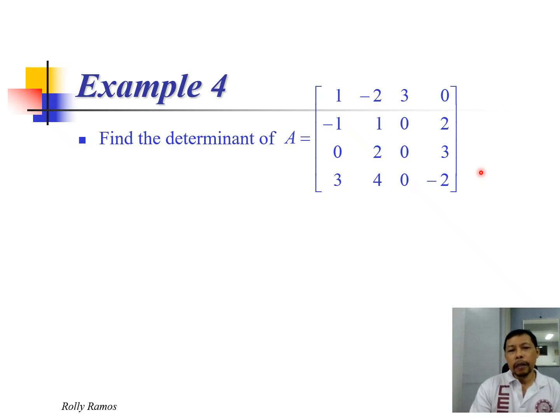First, you have to decide on which row or which column you want to expand about. As I've said earlier, it is more preferable to use the row or column which has the most number of zeros. So in this case, we should use the third column because it has the most number of zeros.